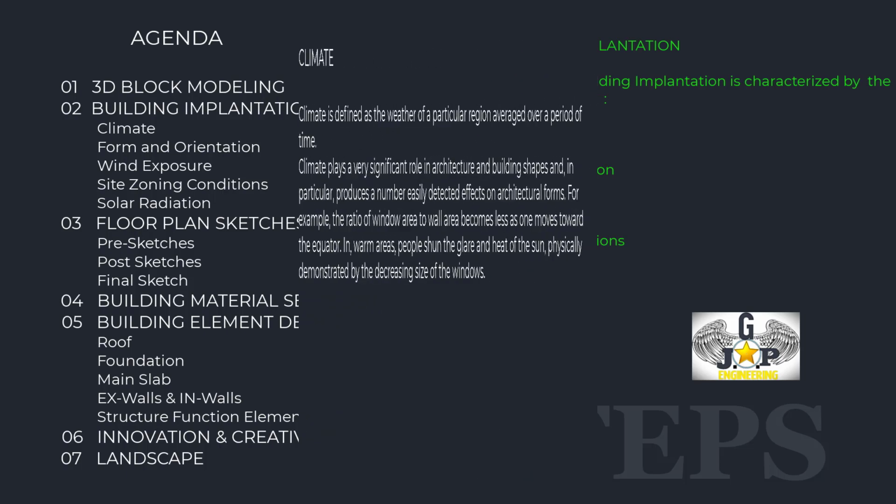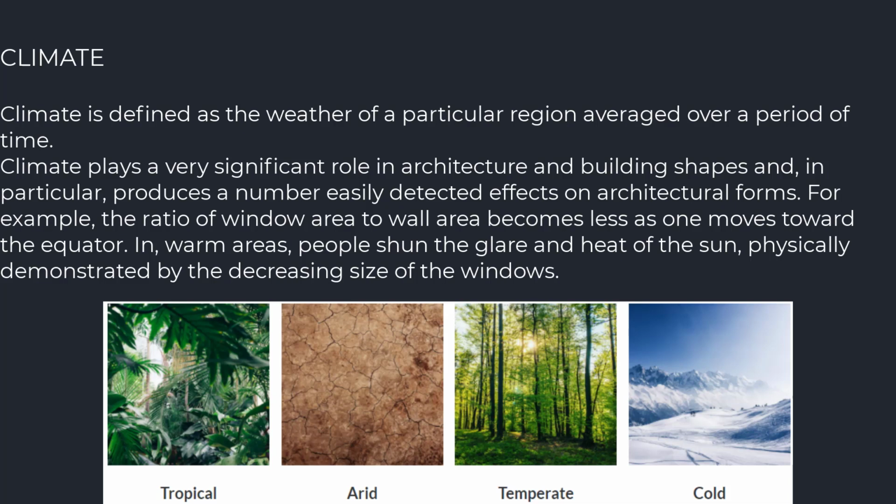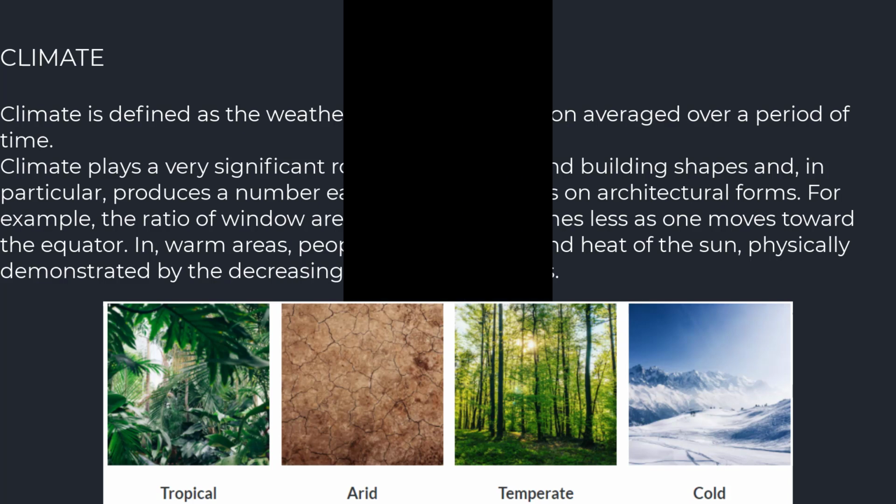Climate plays a very significant role in architecture and building shapes, and in particular produces a number of easily detected effects on architectural form. We talked about the different climates one can find, which are tropical, arid, temperate, and cold. In this, we understood that even the material selection of a building is influenced by the climate.